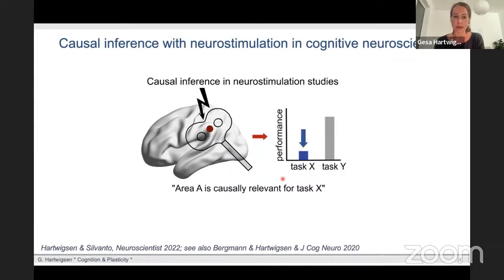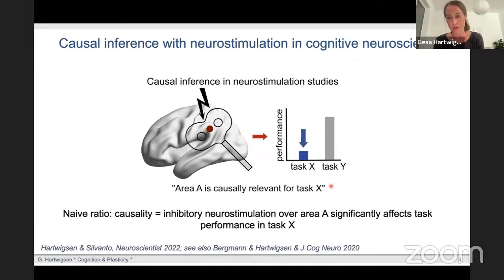And the standard rationale is that if the area that I target is really necessary for the task that I'm interested in, then the task performance should be significantly affected if I disrupt this processing. And this would allow for the conclusion that the targeted area is causally relevant for my task.